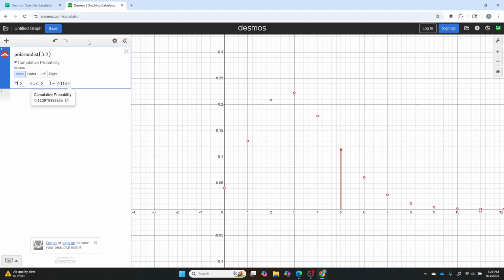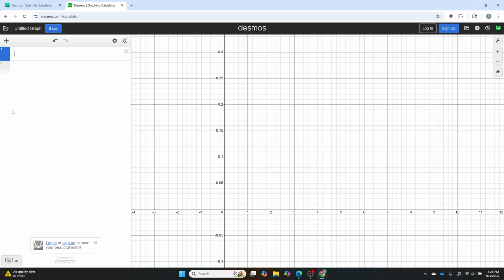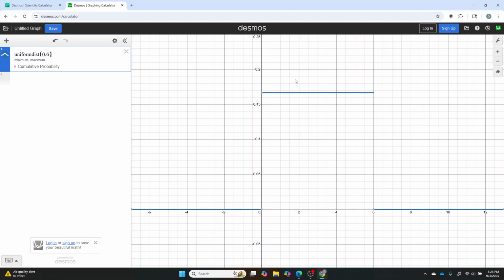So I'm going to look at the graphing calculator again. I can get rid of this one now. And type in uniform dist. Okay, and then I'll put in my starting point, my ending point. I can zoom in on that. So it's kind of this weird looking function. It's just flat, right? It's uniform between 0 and 6, and then less than 0 and greater than 6, there's no likelihood out here.